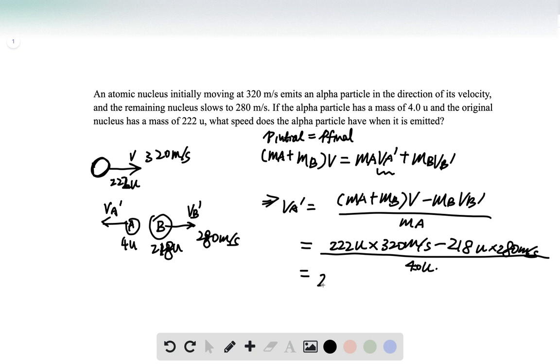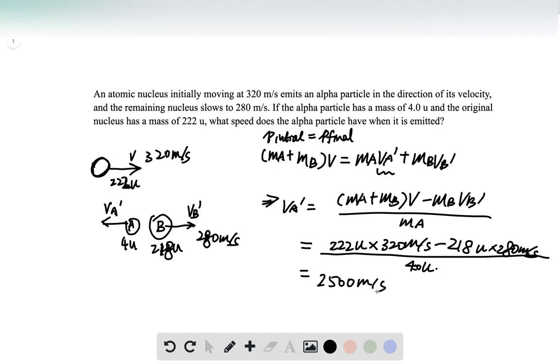That gives me 2500 meters per second. Yes, so that is the velocity of the alpha particle. I did not convert everything to kilograms because everything is in units of U, so it will cancel out.